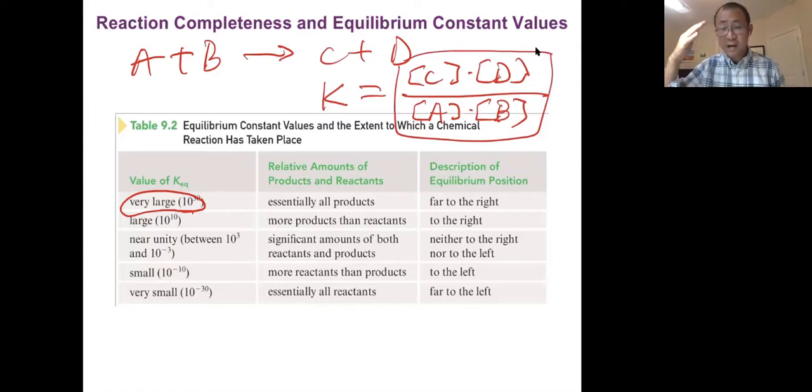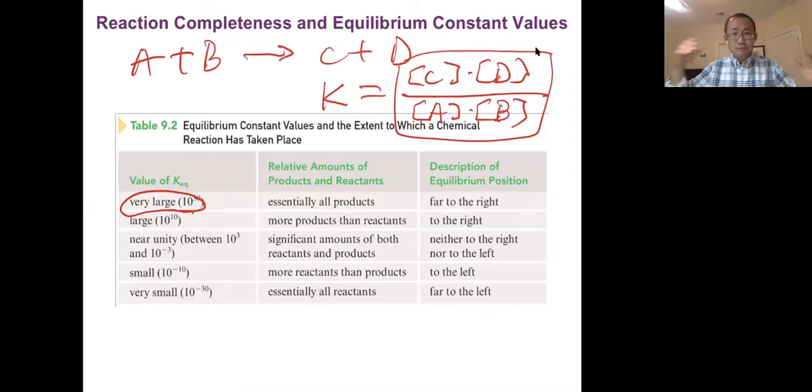Think about the math. If the ratio is big, the numerator is big and the denominator is small. The top is big, that's how you get a big number K. So the equilibrium constant tells us, at equilibrium, which way, left or right, is favored.